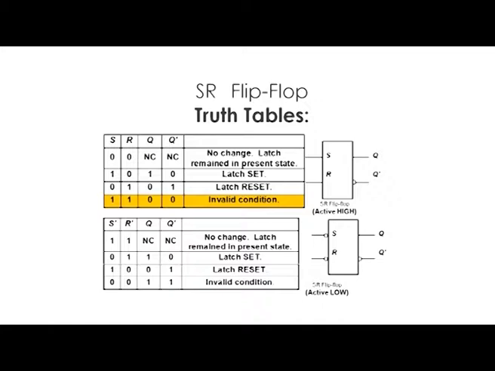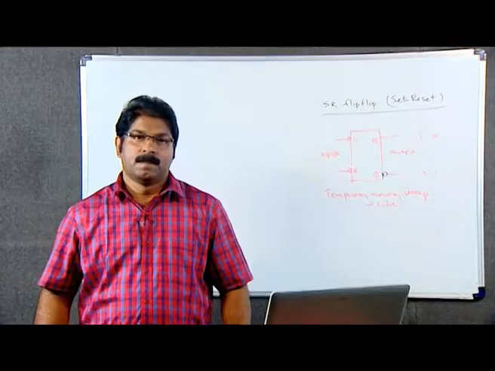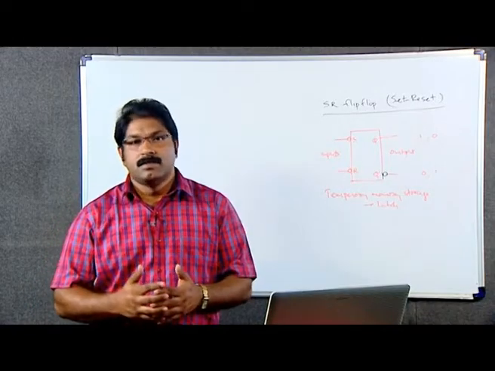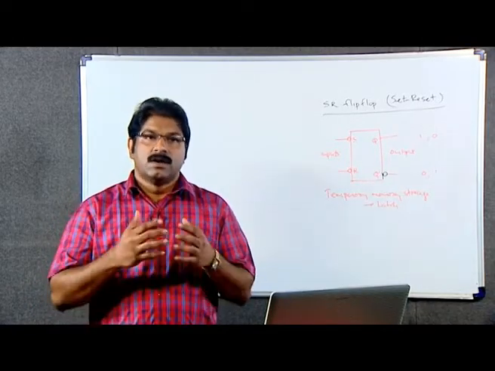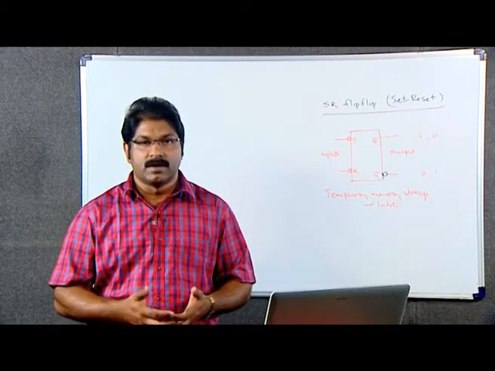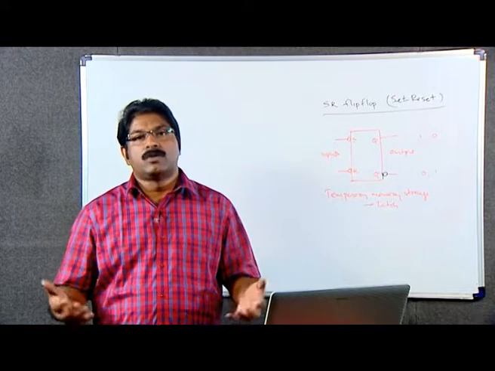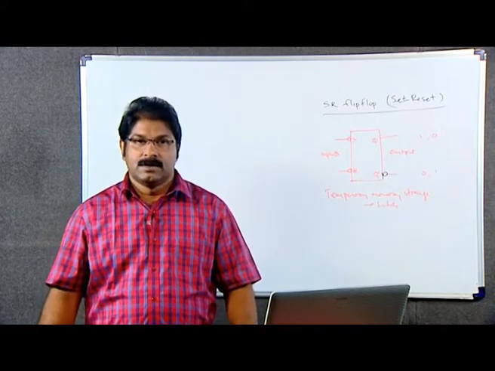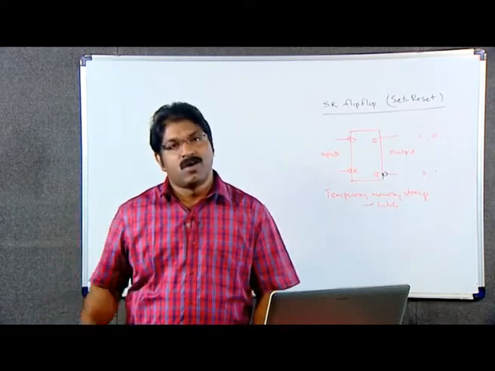This condition is called an invalid condition and we avoid it. We are not supposed to give both the inputs high. If such an input is given, the output cannot be predicted, and this is a drawback of the SR flip flop.